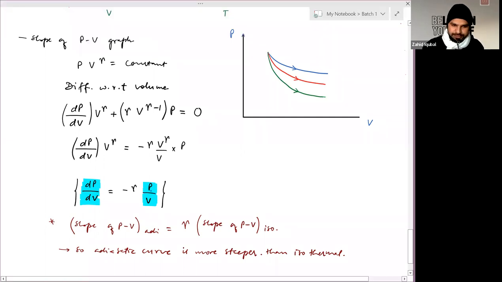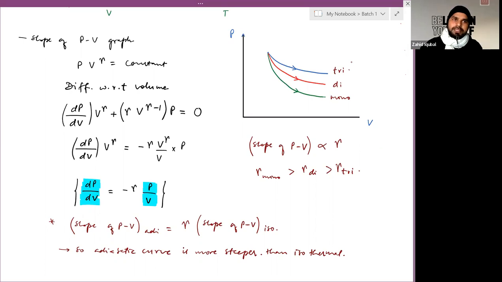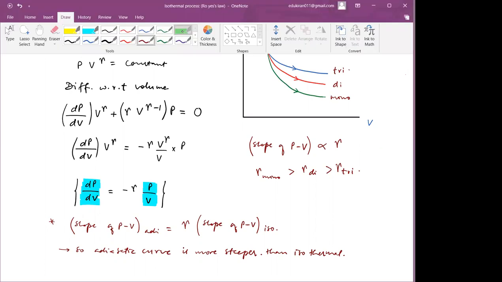According to this relation, the slope of pressure versus volume is directly proportional to gamma. So the more the value of gamma, the steeper it will be. And as we know, monatomic has the maximum value of gamma, then diatomic, and then triatomic. So from this, we can say the lowermost is for monatomic, then diatomic, and then triatomic. Hamza, is it clear? Yes, sir.